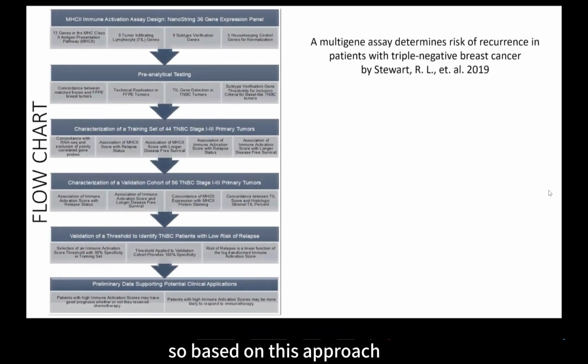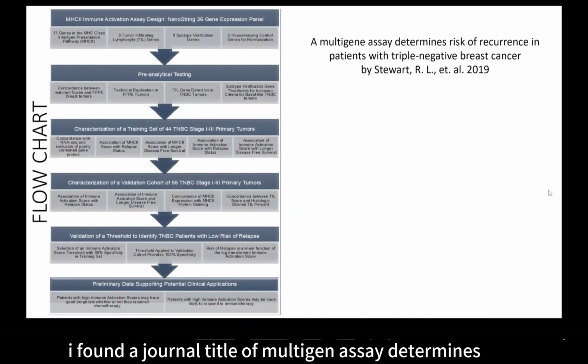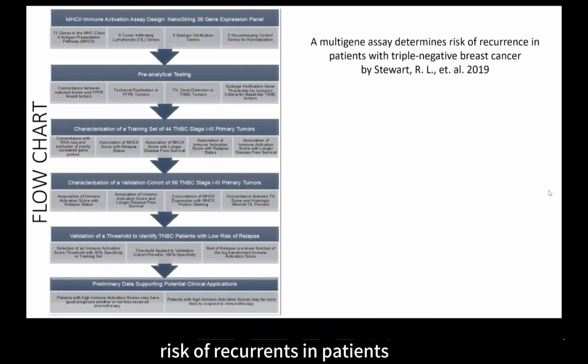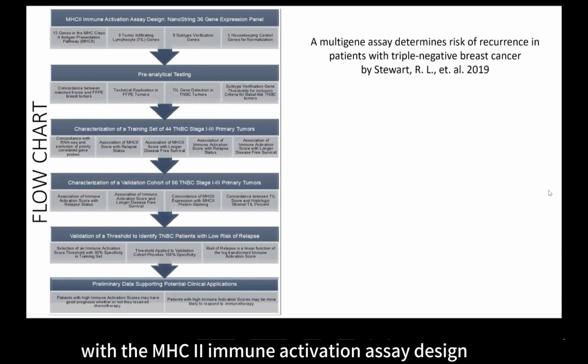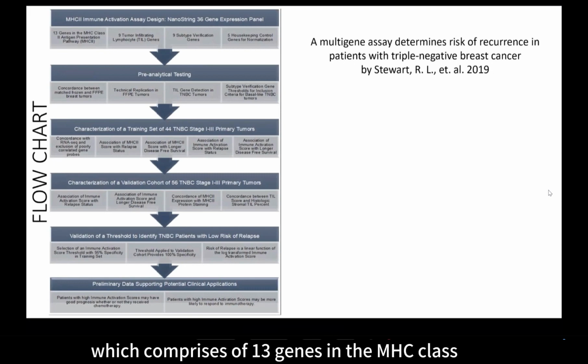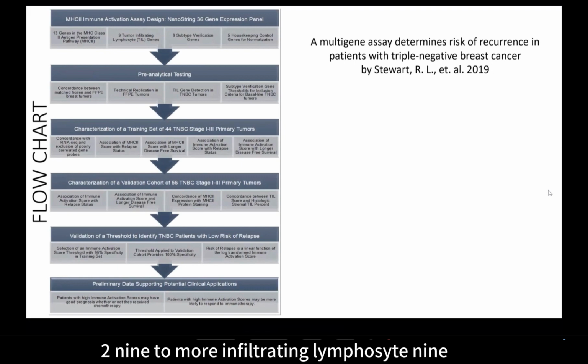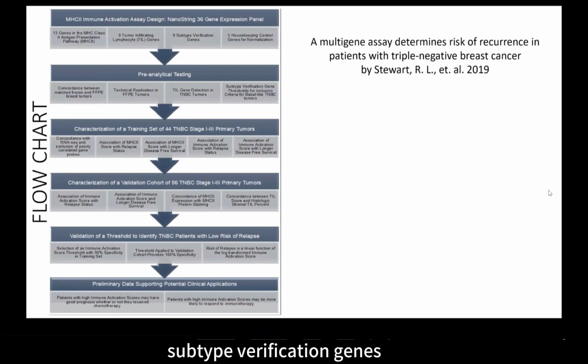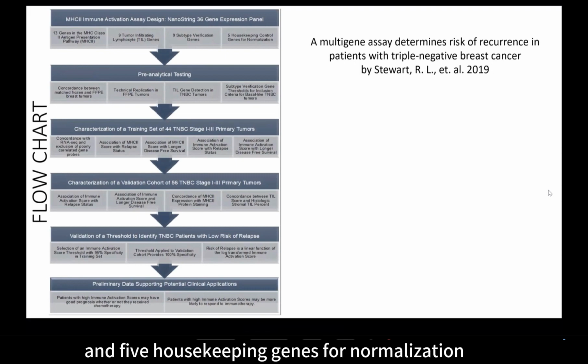Based on this approach, I found a journal titled A Multigene Assay Determines Risk of Recurrence in Patients with Triple Negative Breast Cancer by Stewart in 2019. They came up with the MHC2 immune activation assay design using a nanostring 36 gene expression panel, which comprises 13 genes in the MHC class 2, 9 tumor infiltrating lymphocyte genes, 9 subtype verification genes, and 5 housekeeping control genes for normalization.